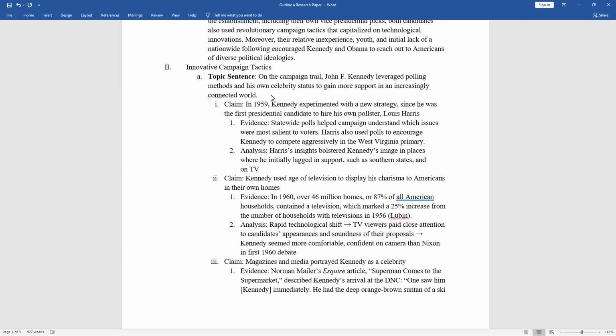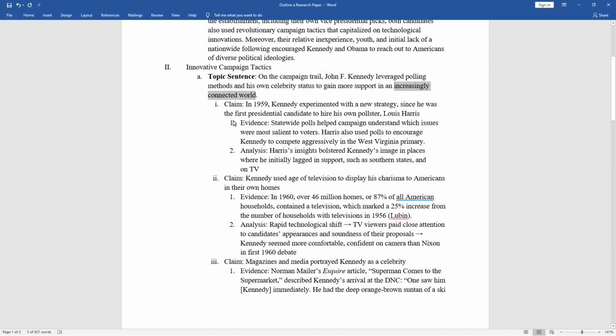So here I'm introducing the different claims that I want to talk about in this paragraph by stating those two tactics I'm going to focus on, which are polling methods and this idea of celebrity status. And I'm also explaining themes that I want to describe, including globalization and communication.